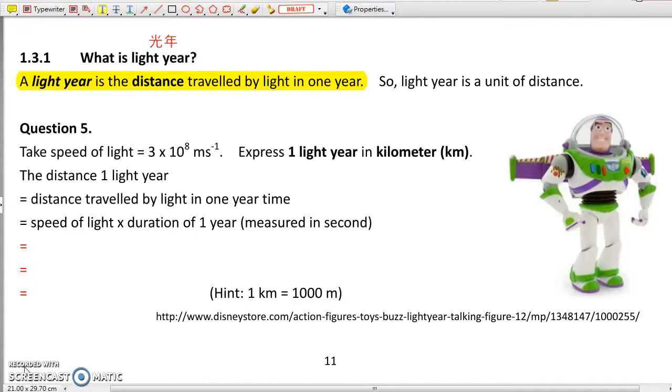So in 1 year, it travels 3 times 10 to the power 8 multiplied by the number of seconds in 1 year, which is 365.25 multiplied by 24, multiplied by 60, and multiplied by 60 again, which is a very long distance.